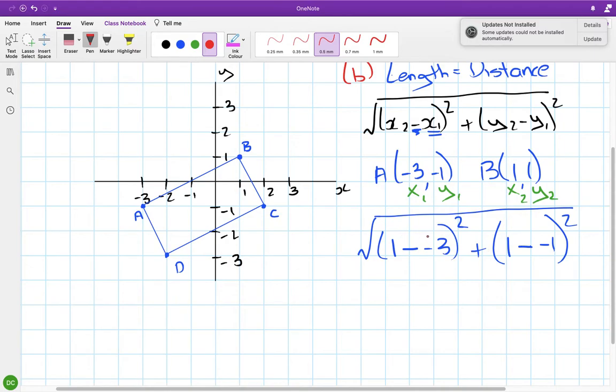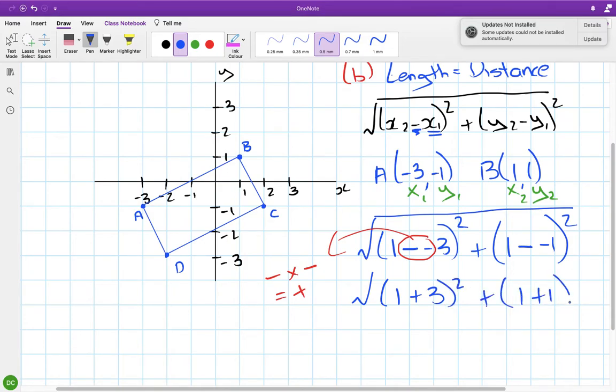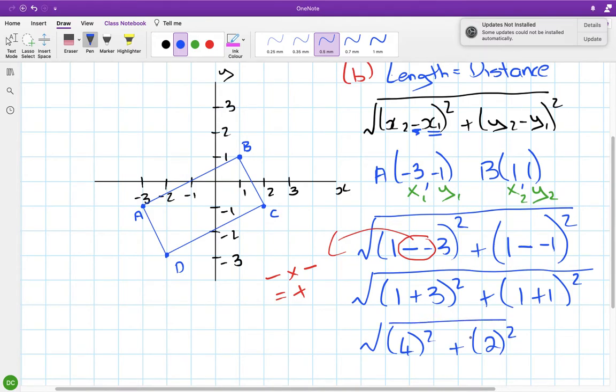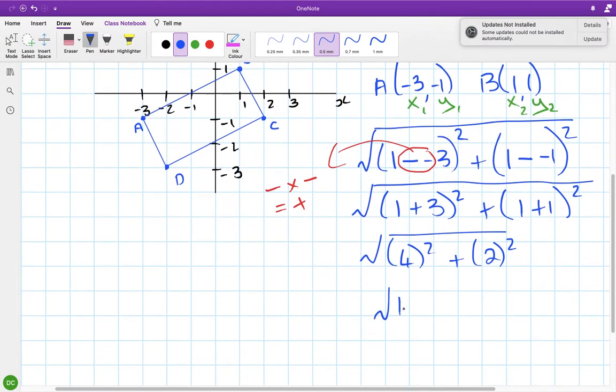What's going on is you have a minus multiplied by a minus, which equals a plus. So I'm going to make that change in this line. So it's 1 plus 3 squared plus 1 plus 1 squared. That's 4 squared plus 2 squared, which is 16 plus 4, which is the square root of 20.